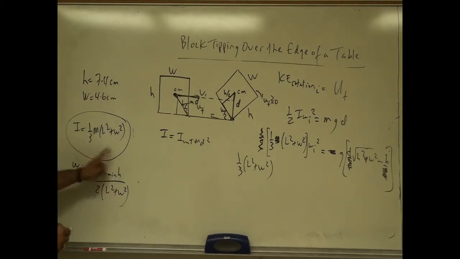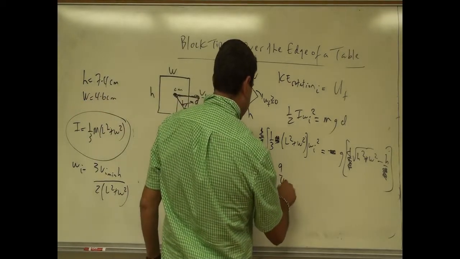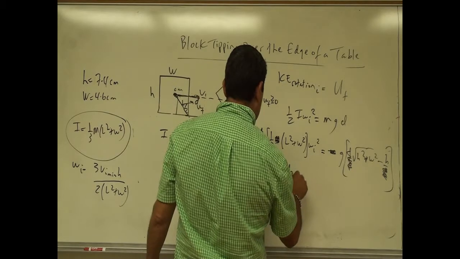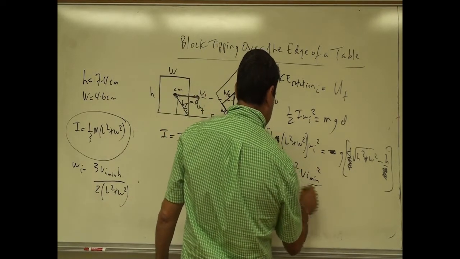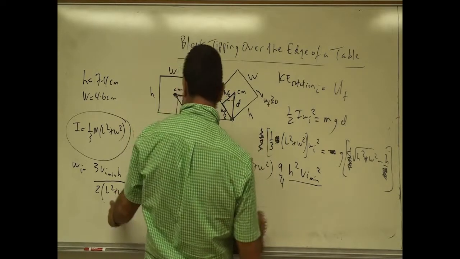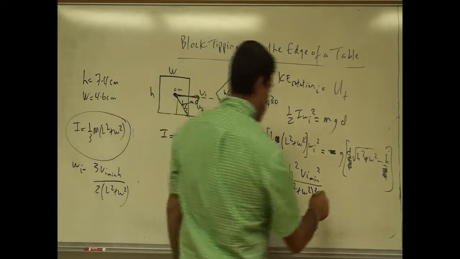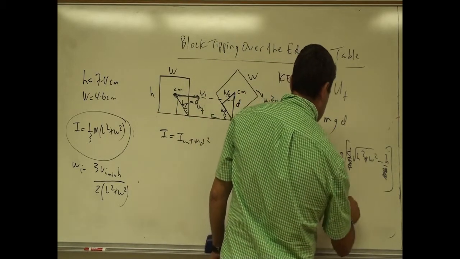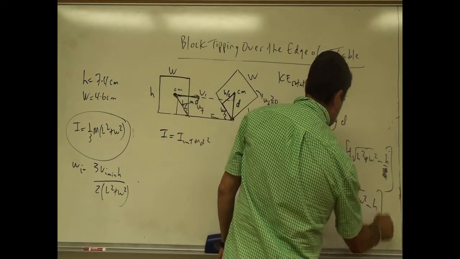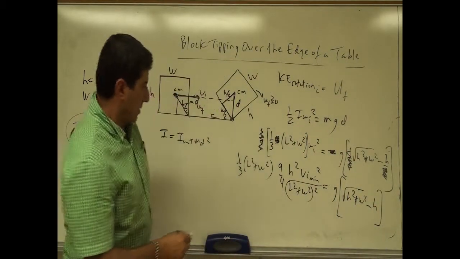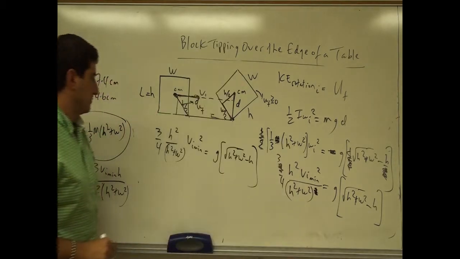I'm going to square this number, so it's going to be 9/4, and then it's going to be h squared V initial squared over L squared plus W squared, squared. And then I'm going to say g times the square root of h squared plus W squared minus h. Okay, so the 3 cancels the 9.